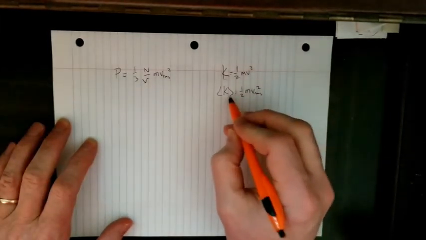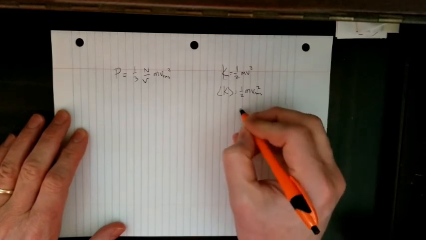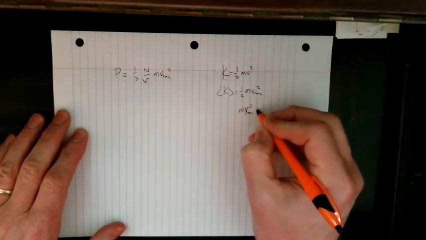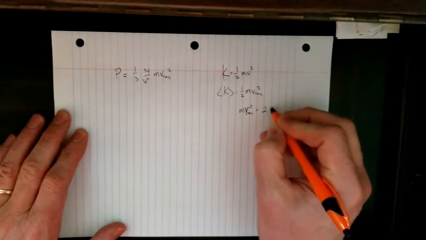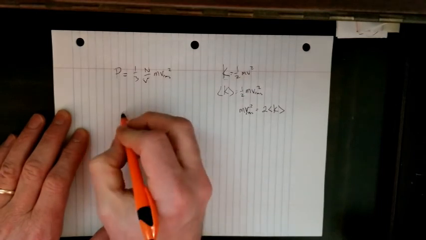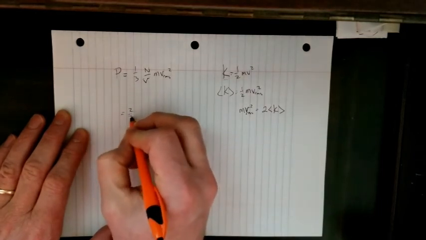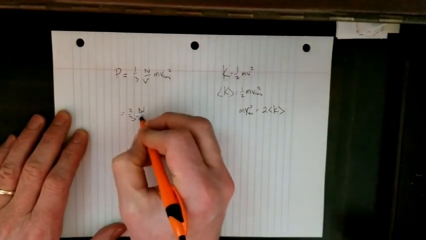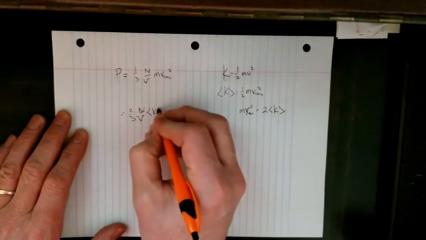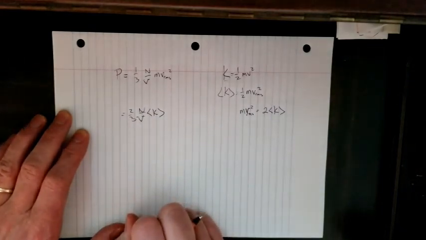We can now express this in terms of kinetic energy. So I have m VRMS squared is equal to 2 times the average kinetic energy. Pop that into here. And so we now have the pressure equal to 2/3 times the particle density, number of particles over the volume, times the average kinetic energy, the 2 popping out here.